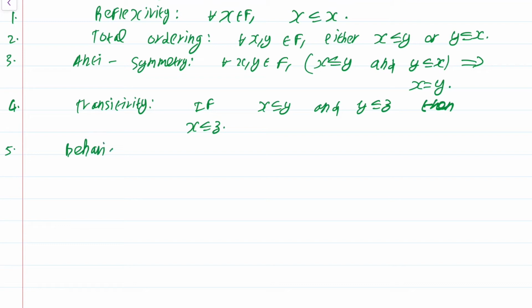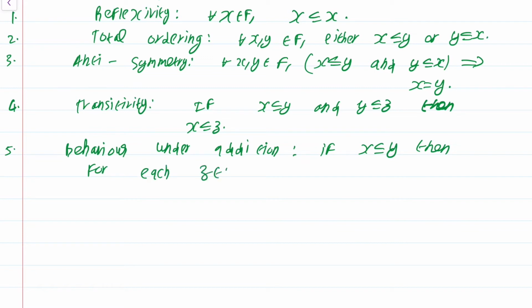So we have behavior under addition, which merely says that if x is less than or equal to y, then for each z in the field, x plus z is less than or equal to y plus z.